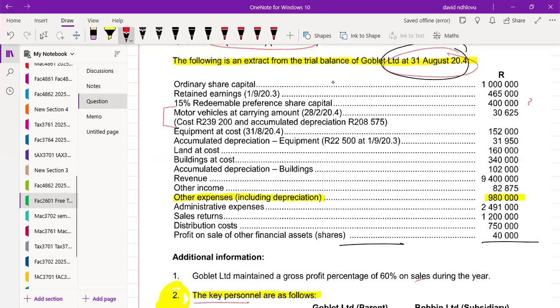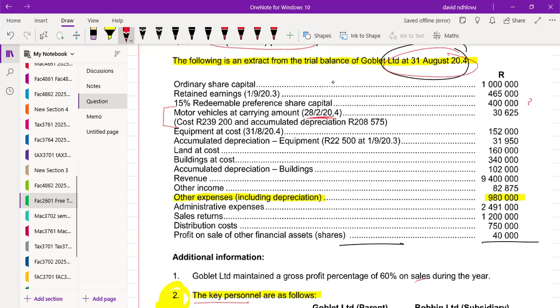But we must be careful. What is this value? This is the carrying amount on the day that we sold the old vehicle.